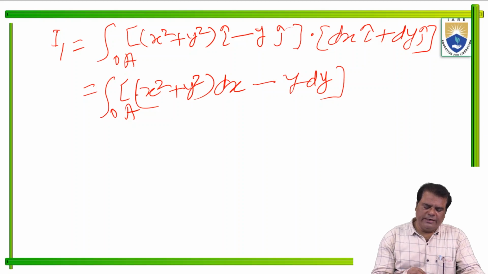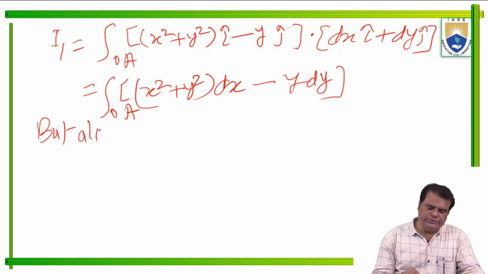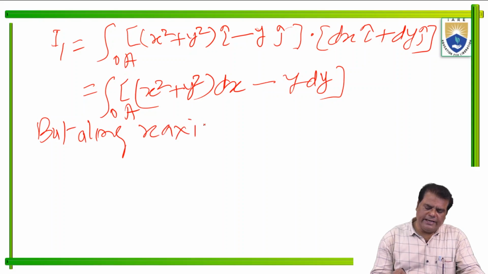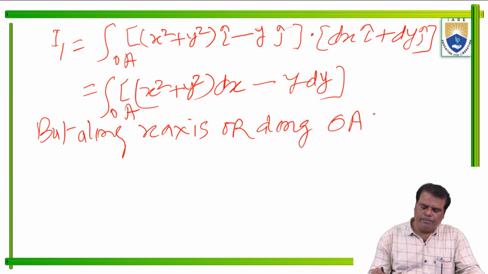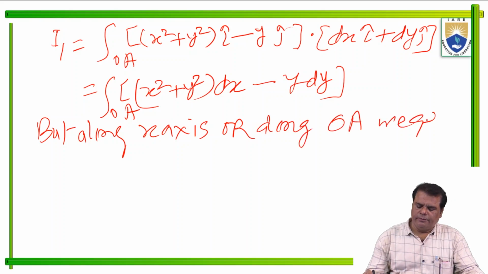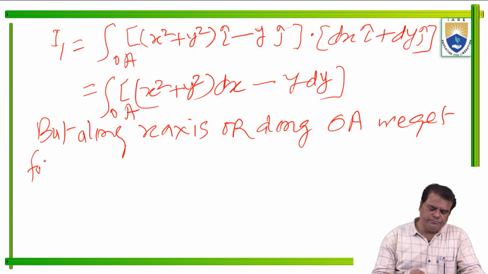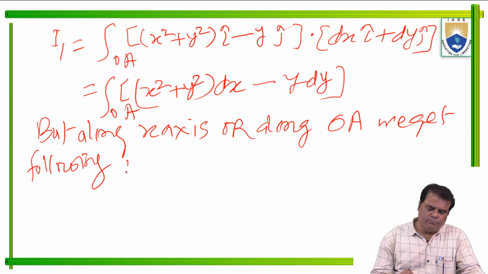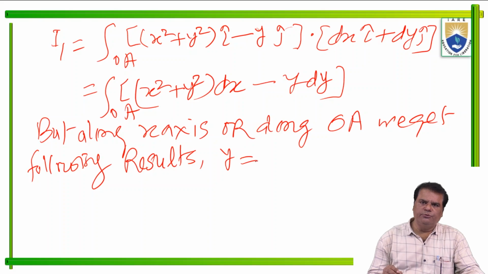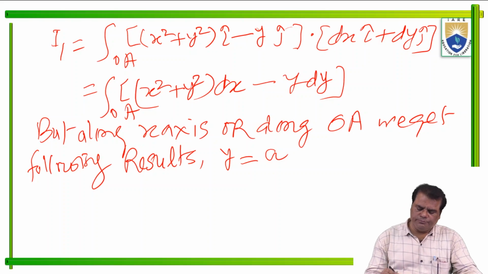Along the x-axis, or along OA, we get the following results: y equal to 0 and dy equal to 0.